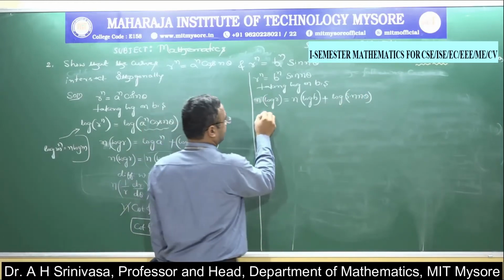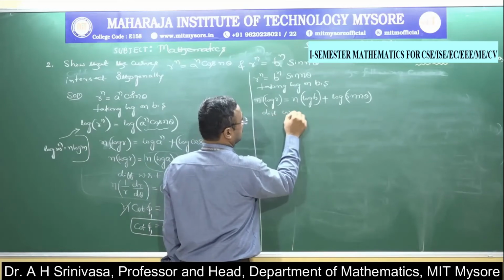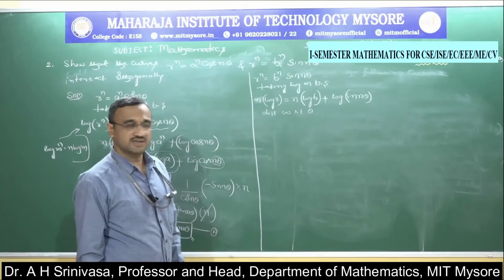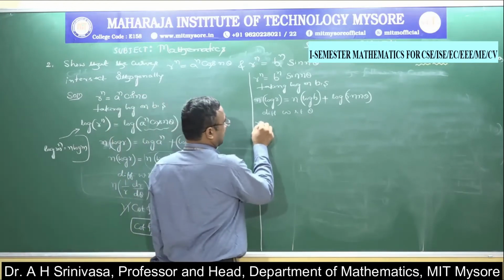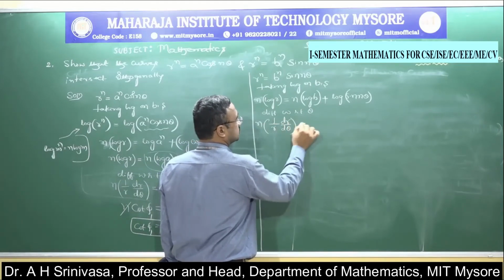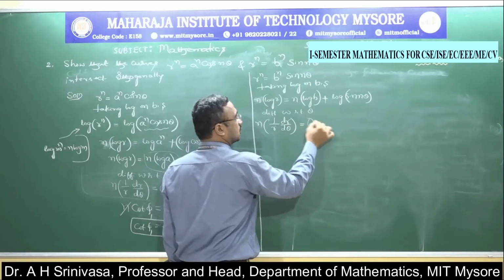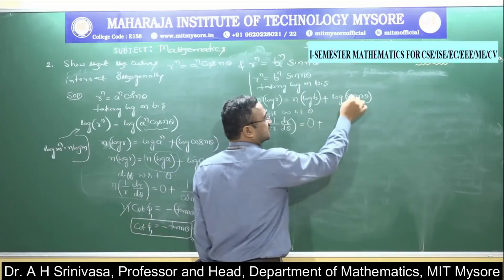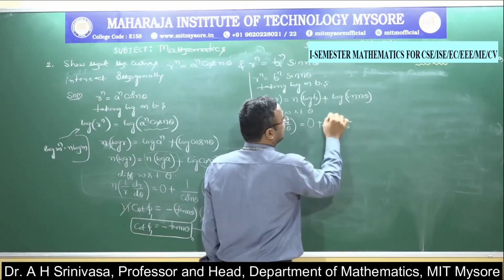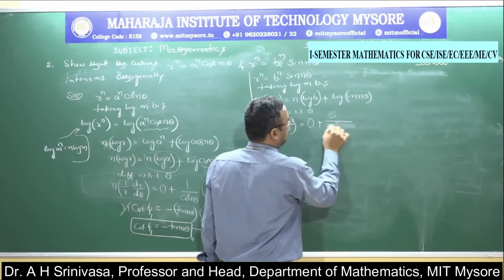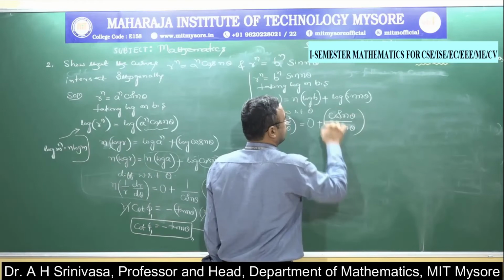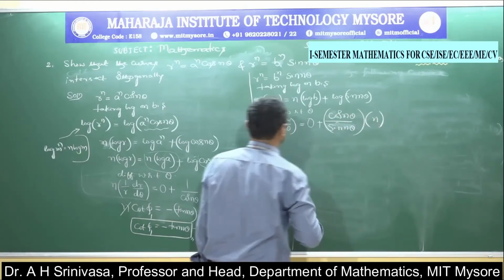Now differentiate this with respect to theta. Then n into 1 by r dr by d theta should be equal to 0 for the constant function. Again the same procedure: the differentiation of log of the function sine n theta is 1 by sine n theta, then the differentiation of sine gives cos n theta into n.